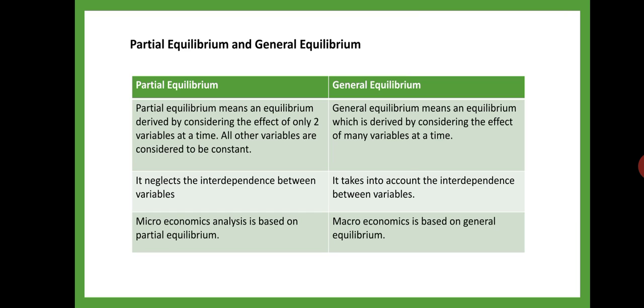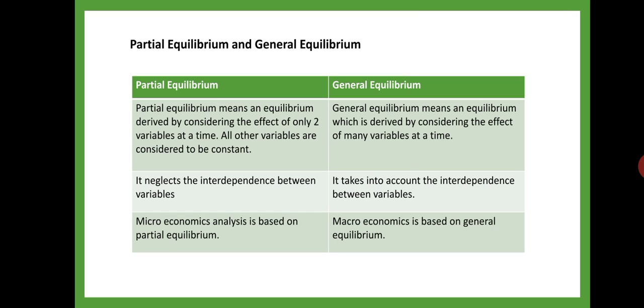First is partial equilibrium. Partial equilibrium means an equilibrium derived by considering the effects of only two variables at a time. All other variables are considered to be constant. That means you are going to focus only on a limited area, whereas in general equilibrium you are going to focus everywhere.